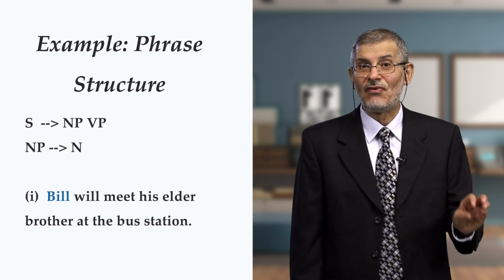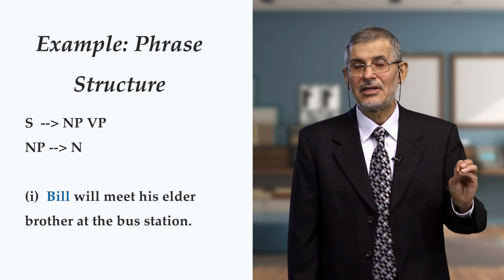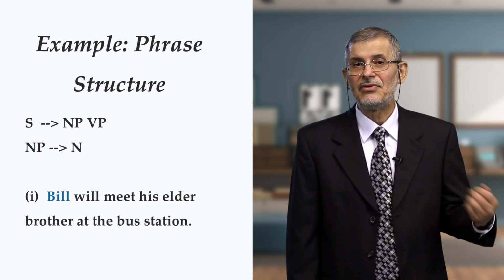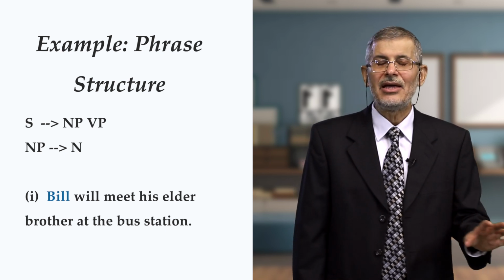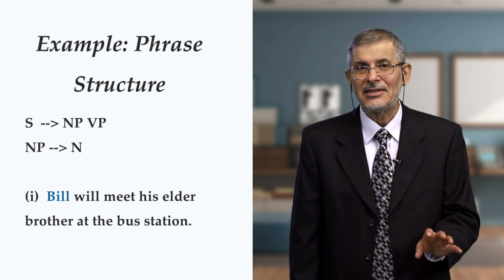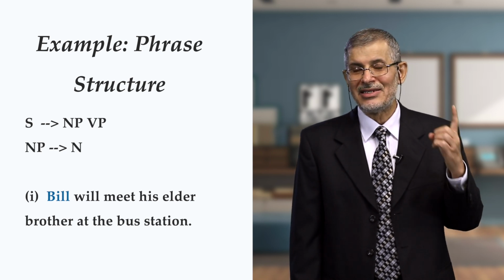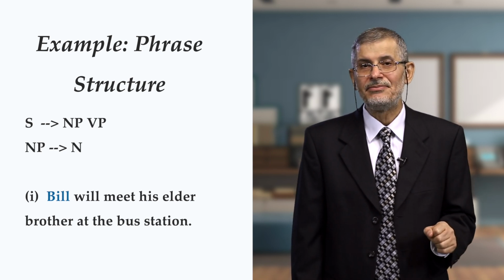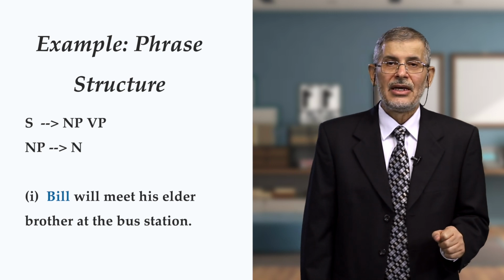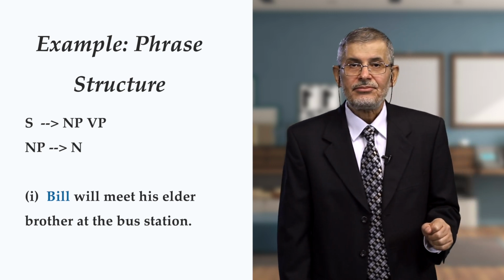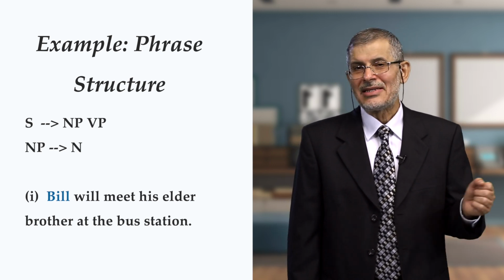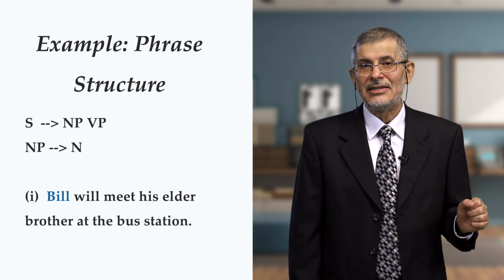So you can modify this noun in lots of different ways. Anyway, in this particular sentence, Bill is the only constituent in the noun phrase. Now, it does not need any more analysis.